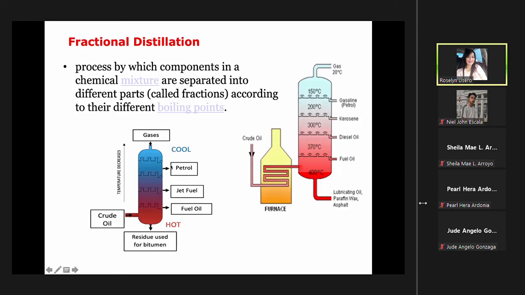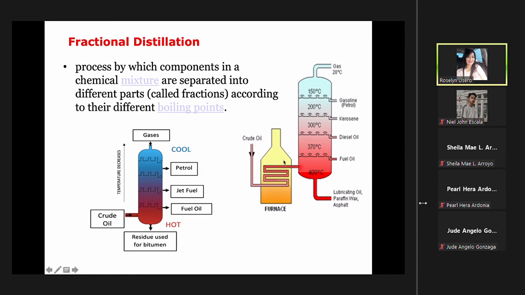Next, we have fractional distillation, a process by which components in chemical mixtures are separated into different parts called fractions according to their different boiling points. This is used in petroleum companies.